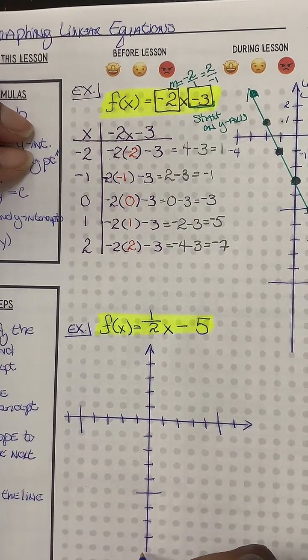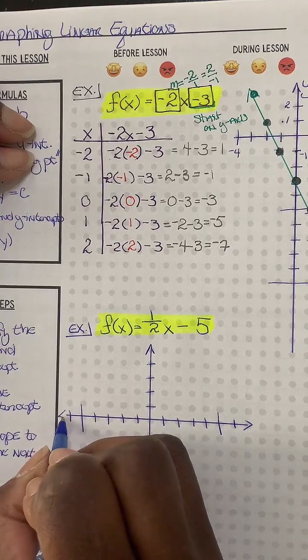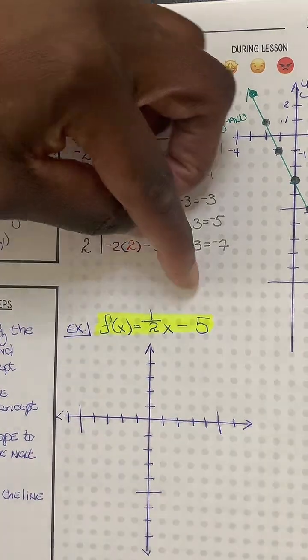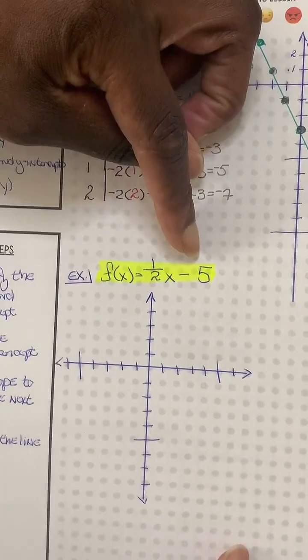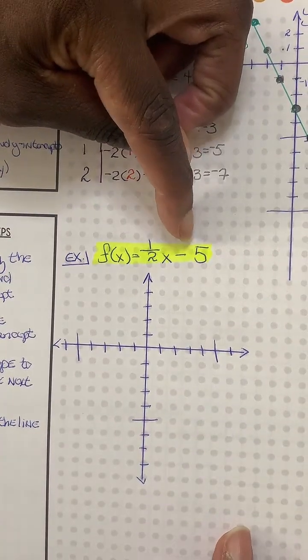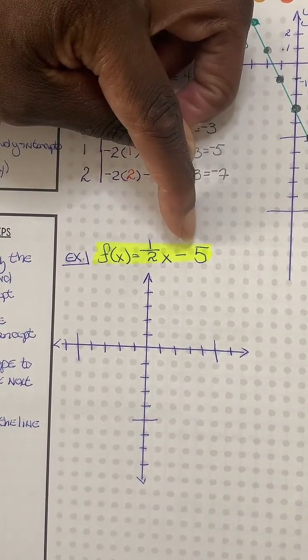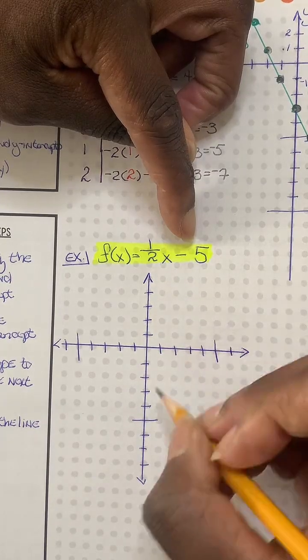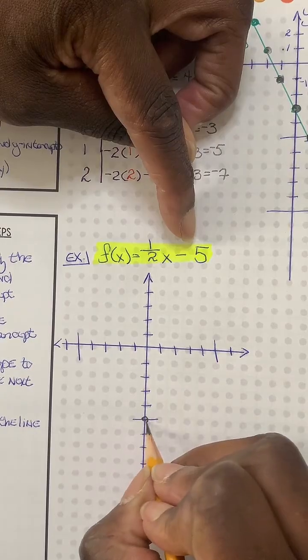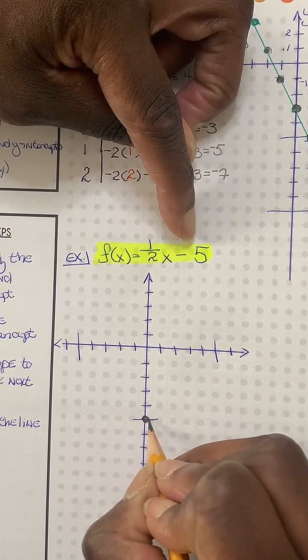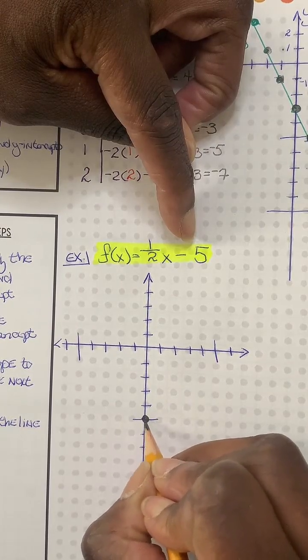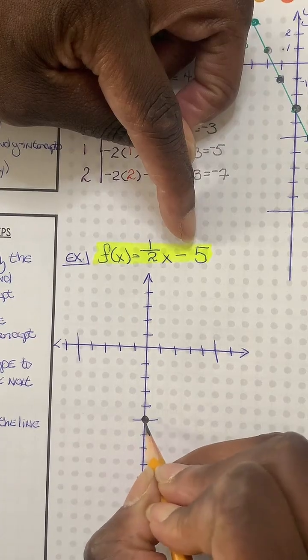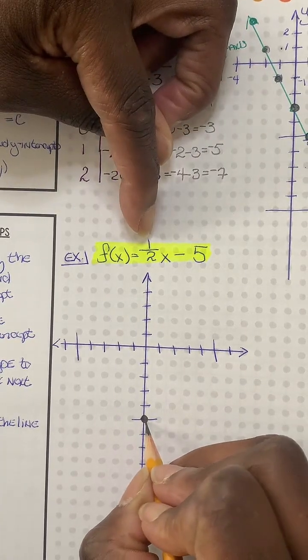Okay. So now, I start with my y-intercept. My y-intercept is -5. So that's where my first point goes on the y-axis. Now, from this point, I'm going to look at my slope.